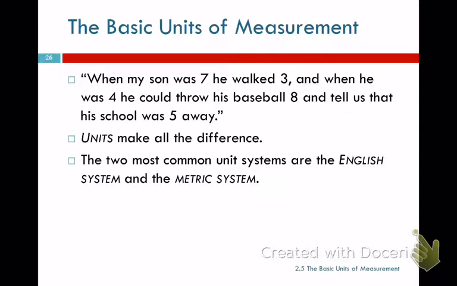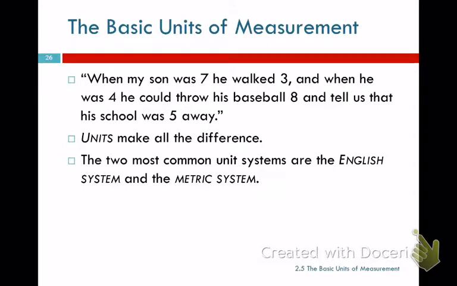So the two common systems that we use are the English system. The English don't use it, but we do. That's what cracks me up, although a lot of the older English people I know, that's all they use still. The English system has inches, feet, pounds, ounces. In the metric system, it's kilograms or grams, meters, liters for volume.